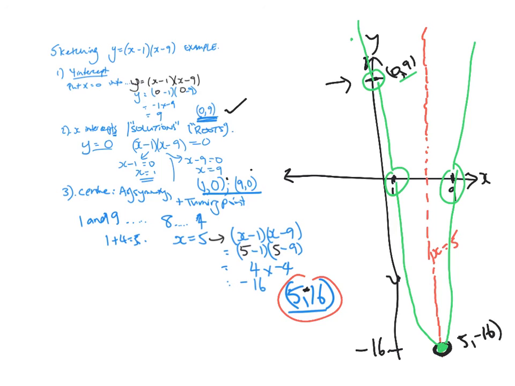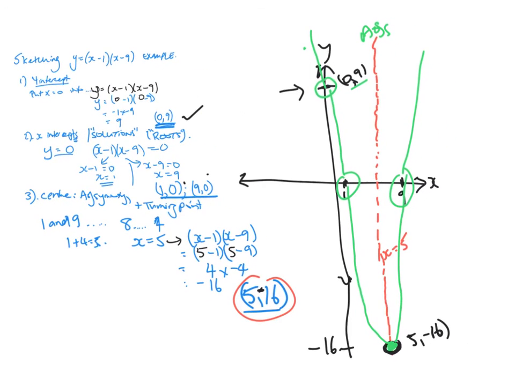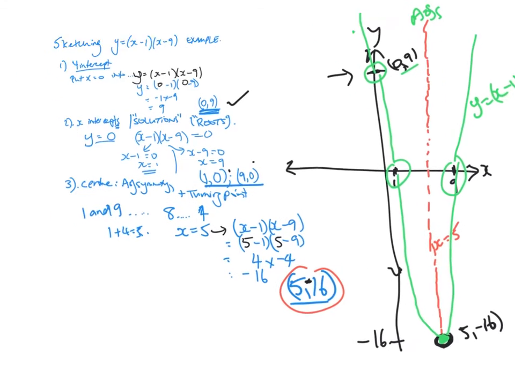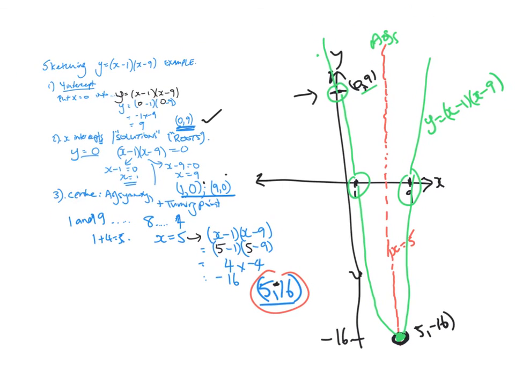I've shown all the features. I have my axis of symmetry in here. And the last thing I have left to do is to label that graph. So that's the graph of y equals (x minus 1)(x take 9). Done deal.